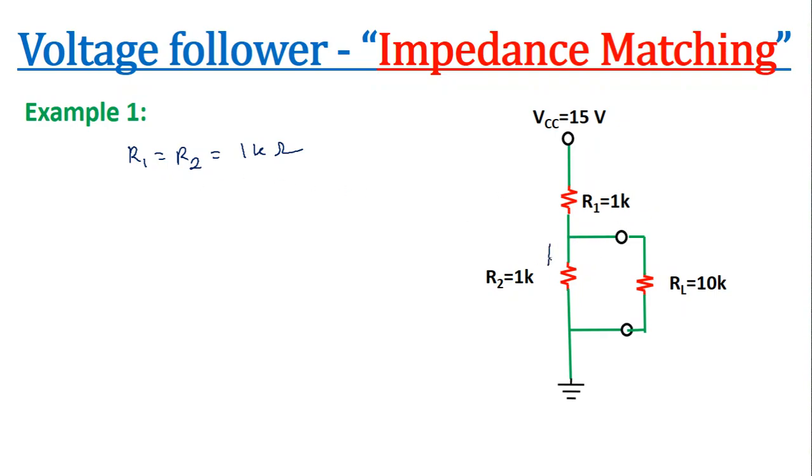Now again we find V dash across R2 and RL. R2 parallel RL is 1K parallel with 10K, which is approximately equal to 1 kilo ohm.